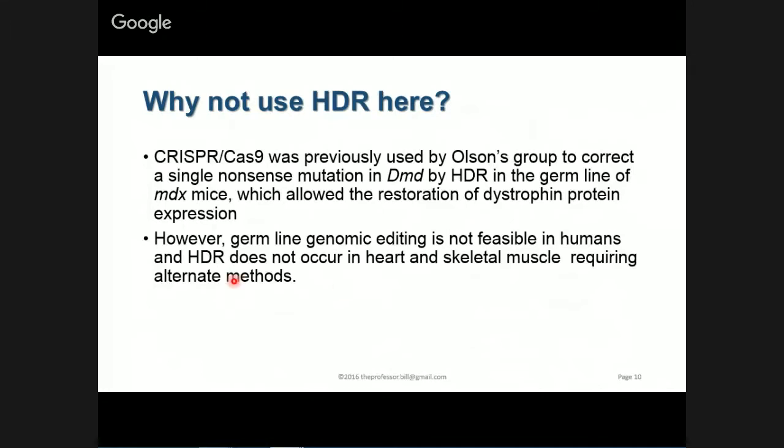The other thing that makes this hard is this homology-directed repair is technically difficult in both heart and skeletal muscle tissue. And so other methods might have to be applied. So you can't necessarily go in and repair, because we won't go into all the details, the heart and skeletal muscle tissue don't really like using homology-directed repair methods.